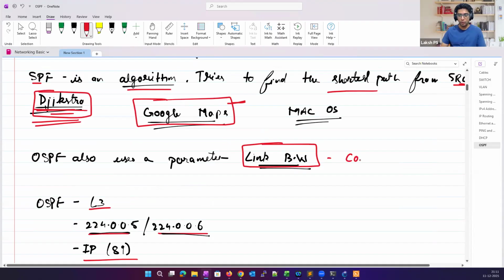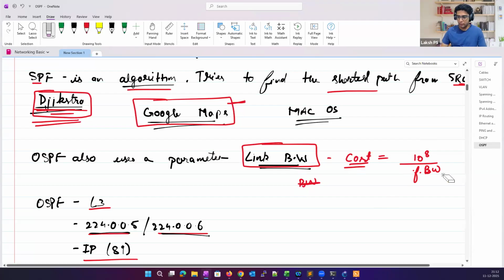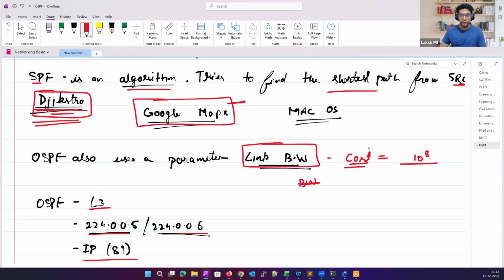The formula to find the cost is 10 power 8 divided by the link bandwidth.